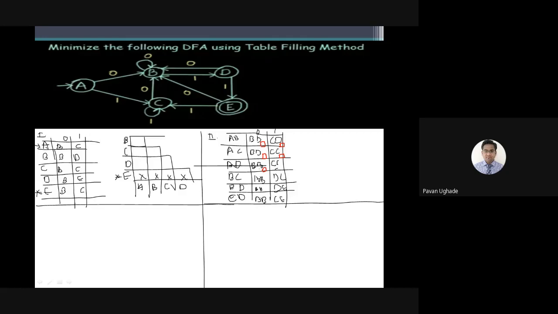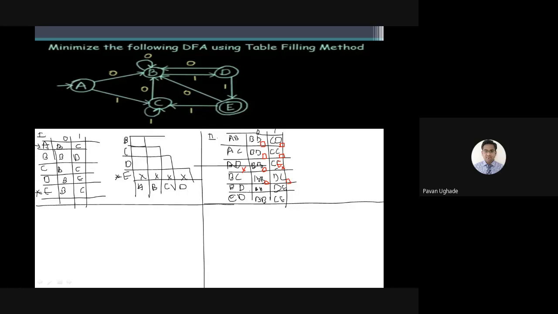Next, this is AD. I have written AD properly. No, it is E. So CE is non-equivalent. BC, just check it out.